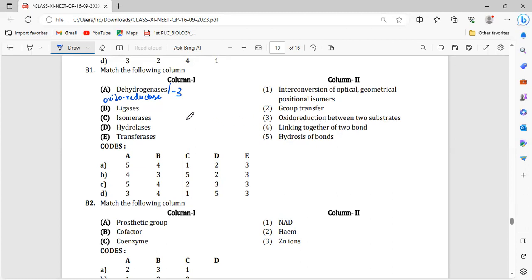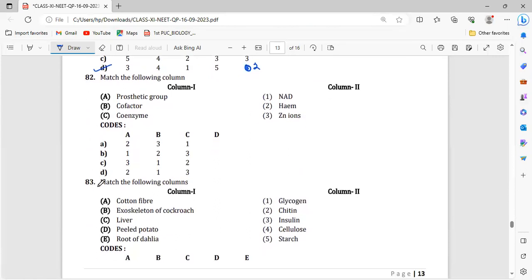They will link two molecules together. So fourth one. Isomerases will convert one isomer to another isomer. So option 1, it goes with the first one. Hydrolases, so here hydrolysis, spelling is a mistake. Hydrolysis, so fifth one. Transferases, transfer of groups, so it is second. So answer is D.